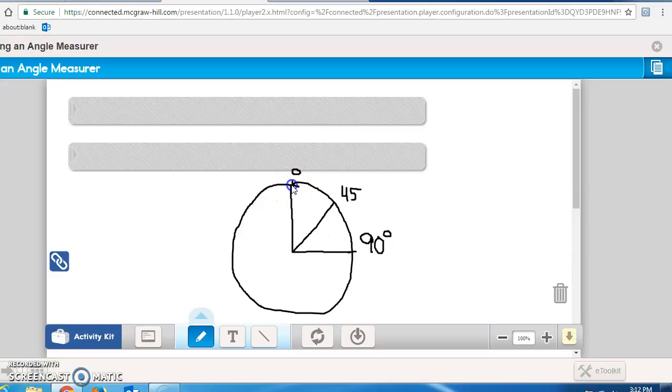Again, if it is a straight line, it is 180 degrees. Between 90 and 180 is 135. Again, over on the other side would be 225.